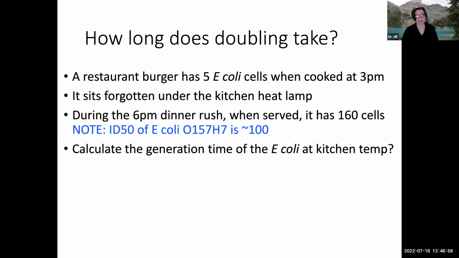Okay, ID50, infectious dose. So the number of E. coli O157:H7s that are likely to get about half of the people who are exposed to it sick is 100. This information is how we determine where we set our tolerable limits.